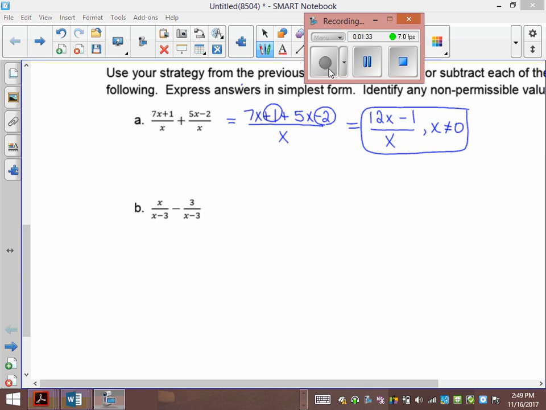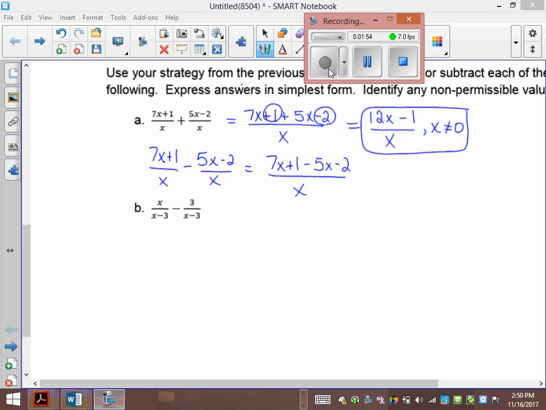Right. So if we have 7x plus 1 over x, and it said minus 5x minus 2, you'd have to make sure that you still have a common denominator just like this. But the last one I went 7x plus 1 minus 5x minus 2. If I did it like this, like I did the previous one, I would be wrong.